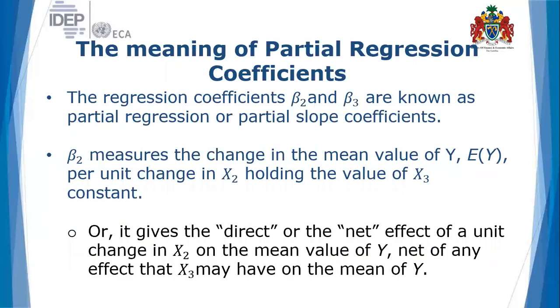The regression coefficients beta 2 and beta 3 are known as partial regression or partial slope coefficients. That means beta 2 measures the change in the mean value of y per unit change in x2, holding the value of x3 constant. They are referred to as partial regression coefficients because the coefficients are interpreted one at a time, holding the other one constant.